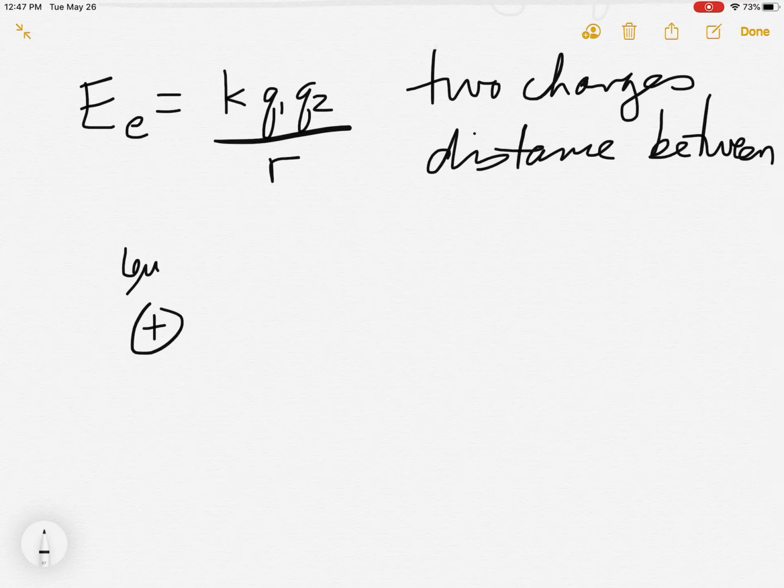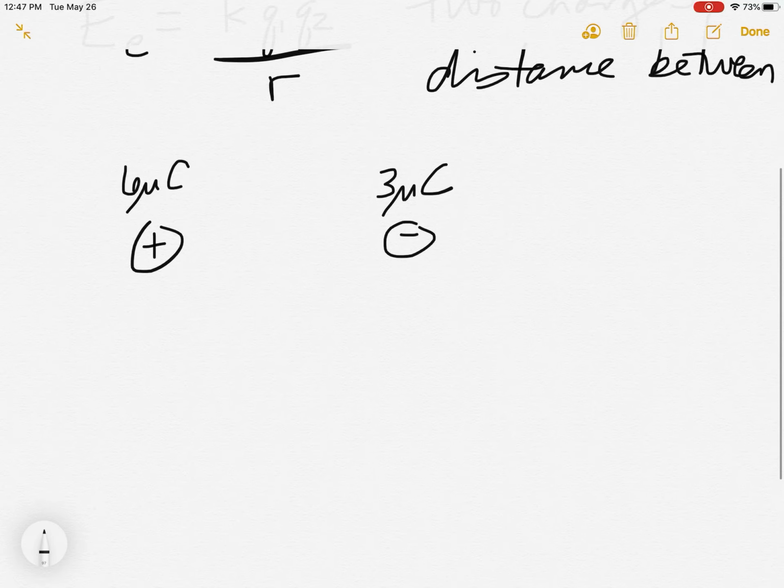So if you were to take a positive charge here of 6 microcoulombs and a negative charge here of 3 microcoulombs, you could figure out the electrical energy that would be required to hold those two things in that spot. Now, of course, they would be attracted, right? So if they're attracted to each other, to prevent them from moving, you would have to hold them back with a force.